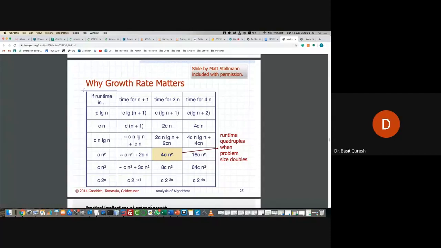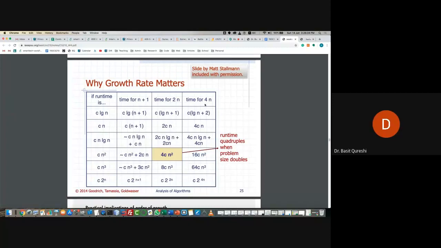So constant times log of n. If I want to run the same program for n plus 1, it's going to be log of n plus 1. If I want to run it for 2n, I'm increasing the size of n. Let's say the size of the array was 1000, and I'm simply doubling it. So in this case, the runtime would be this.